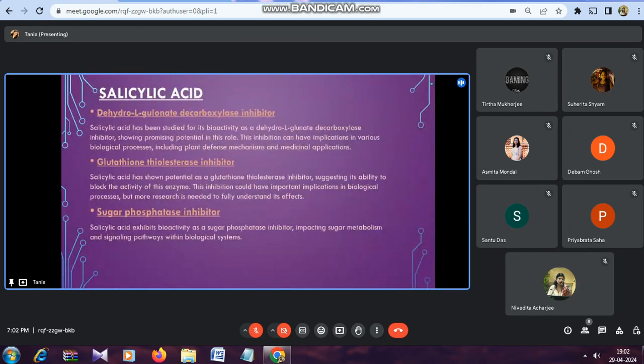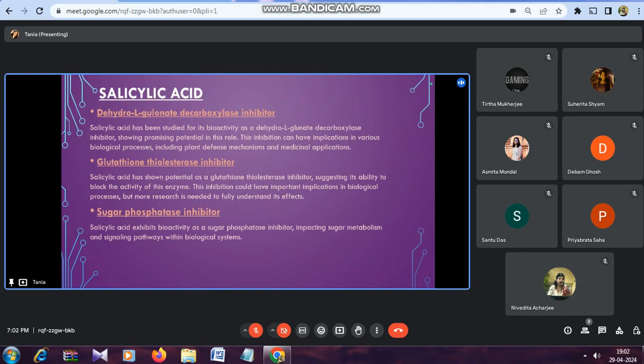Next is salicylic acid. Dihydro-L-gluconate decarboxylase inhibitor. Salicylic acid has been studied for its bioactivity as a dihydro-L-gluconate decarboxylase inhibitor, showing promising potential in this role. This inhibition can have implications in various biological processes, including plant defense mechanisms and medicinal applications.